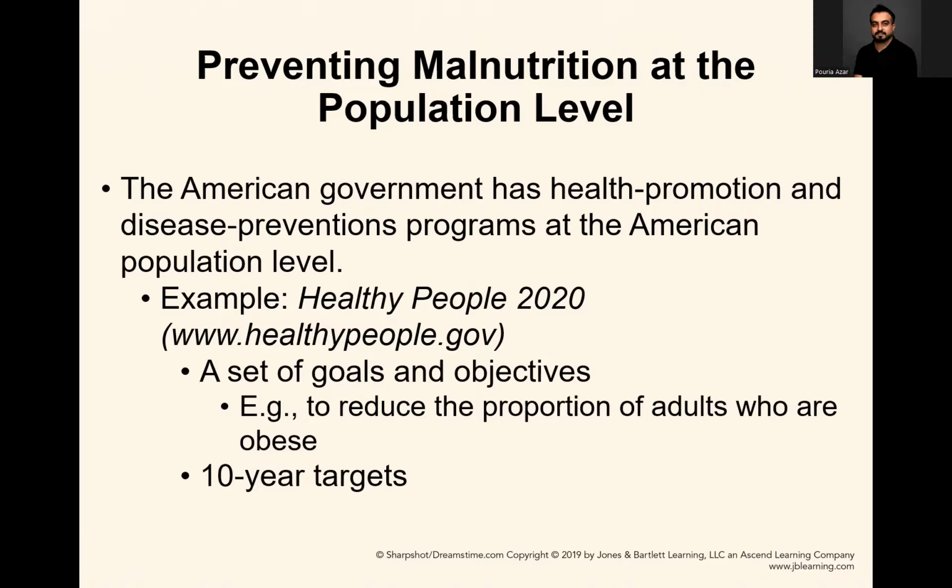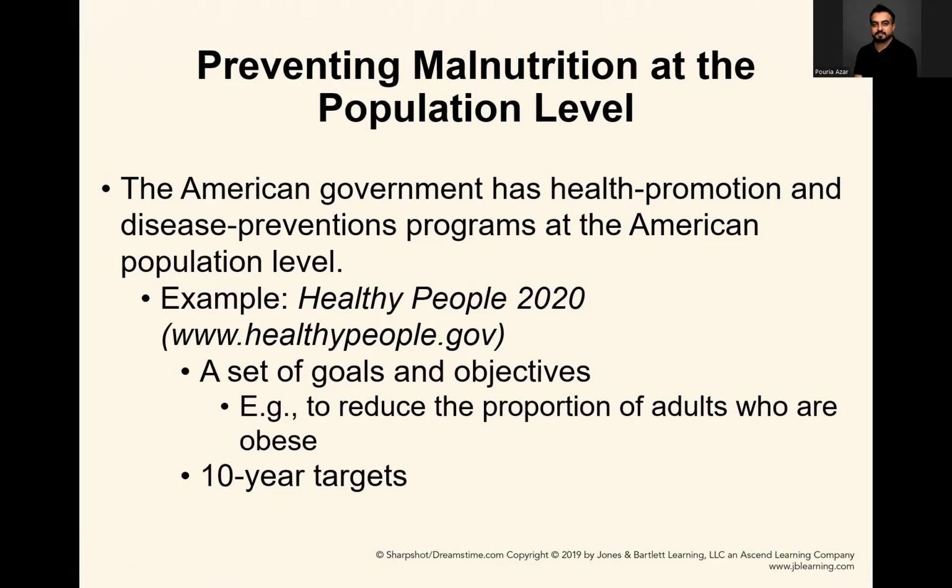Most of the time, it has 10-year targets. For example, one of the goals in Healthy People 2020 was to reduce the proportion of adults who are obese by 2030. So starting in 2020, they have a 10-year target for several goals and objectives. One of the goals was to reduce the proportion of adults who are obese in the United States.